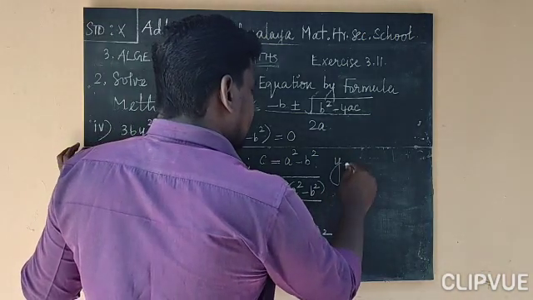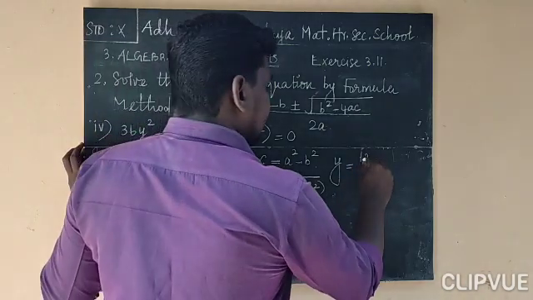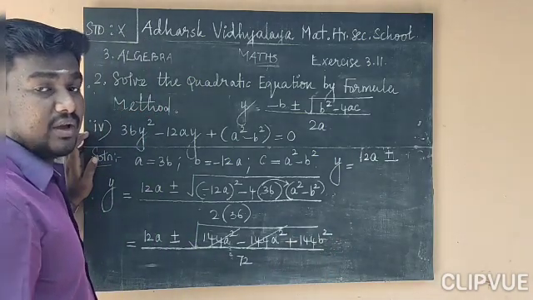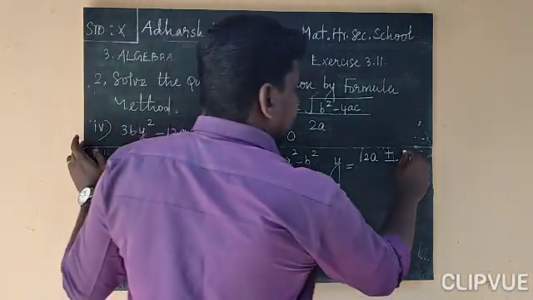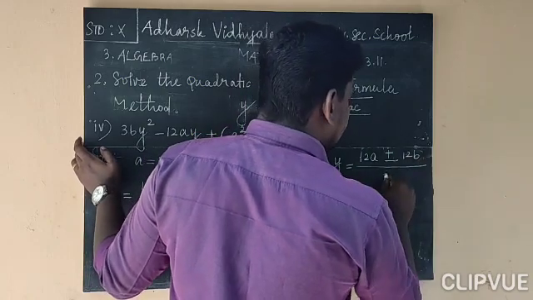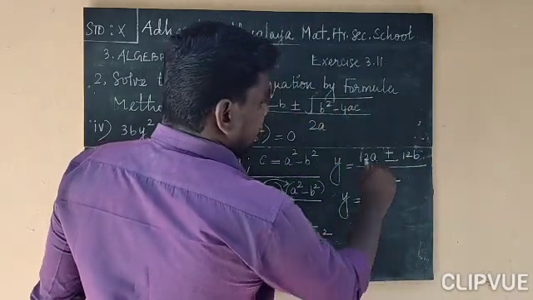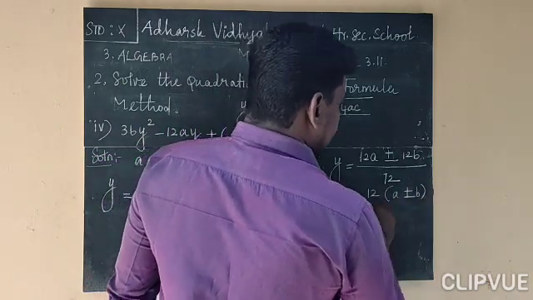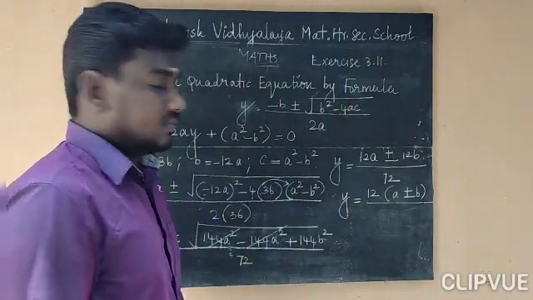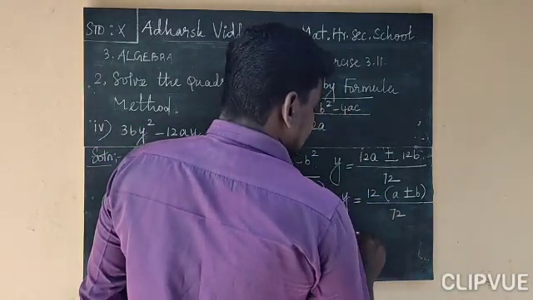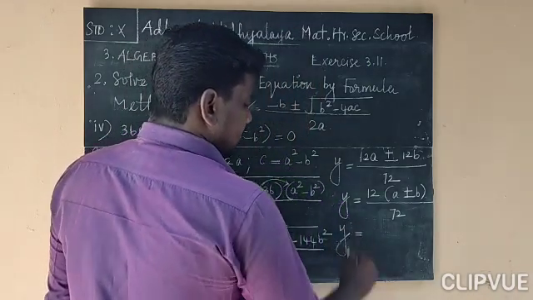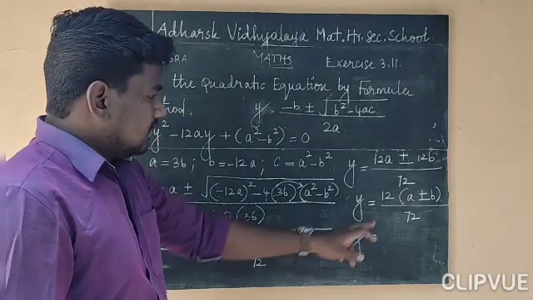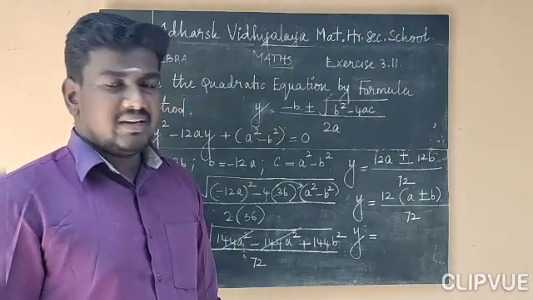So what do we have? y is equal to 12a plus or minus root of 144 b square. The square root of 144 b square is 12b, divided by 72. So y is equal to 12a plus or minus 12b over 72. 12 is the common factor, you can take that out, so 12 of a plus or minus b divided by 72.